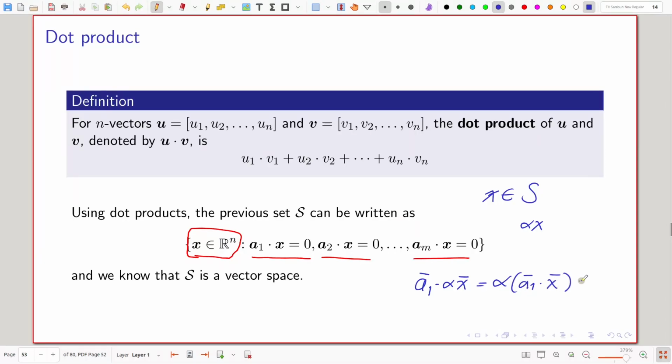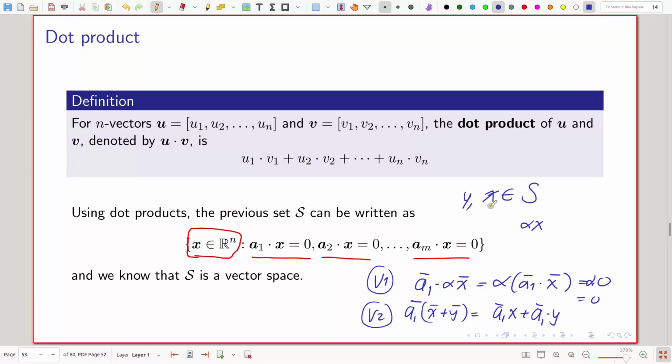I know that a1 dot x is 0, so the result is 0. So scaling holds. Addition also holds, because if I have x and y belonging to this set, I can add them up and multiply by a1, so this is a1 dot x plus a1 dot y.